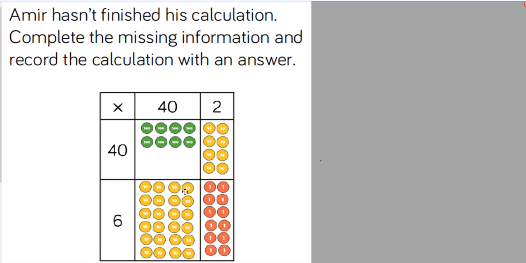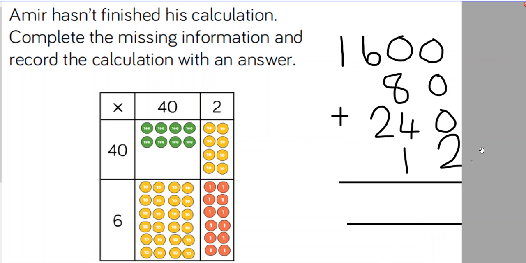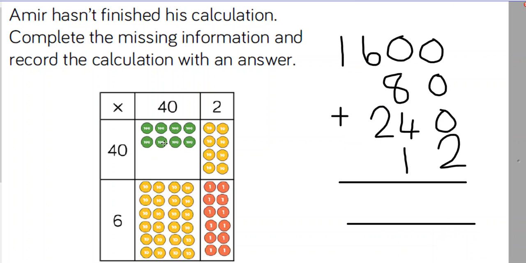Let's check it. 40, 80, 120, 160, 200, 240, and 6 times 2 is 12. So it's just missing this section here, and we will write it down as 1,600, add the 80, add the 240, add the 12.